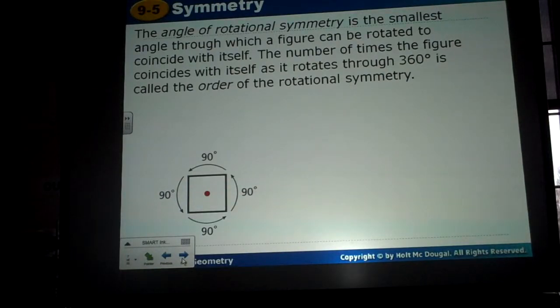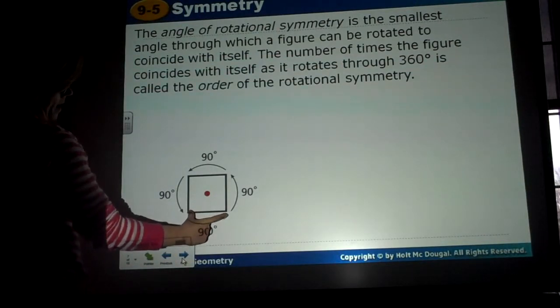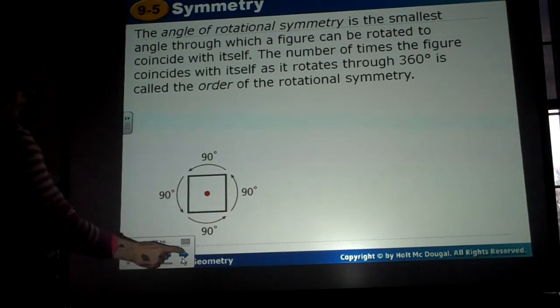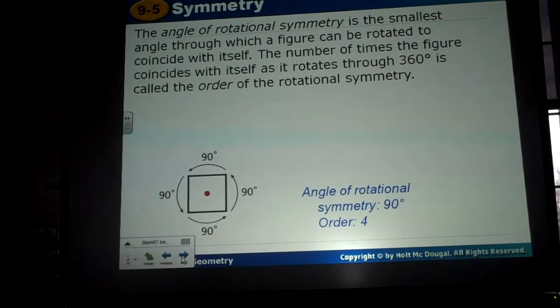The number of times the figure coincides with itself as it rotates through 360 degrees is called the order of rotational symmetry. Okay, so we've got this, looks like a square, and we can rotate it 4 times. So 360 divided by 4 is 90, so the angle of rotation is 90 degrees, and the order is 4.